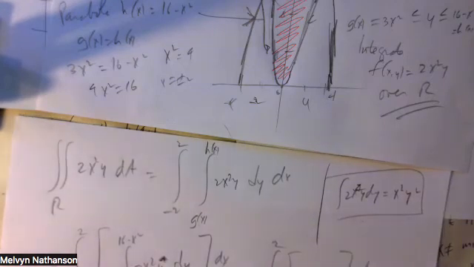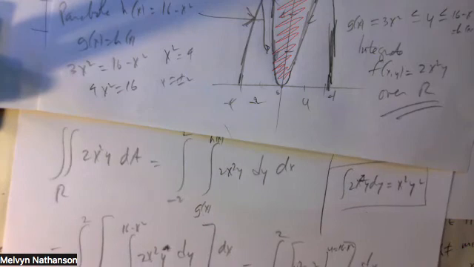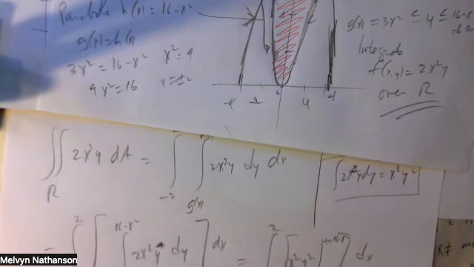What do we have here? We have x squared y squared evaluated from y equal 3x squared to y equals 16 minus x squared. Let me just do this calculation.